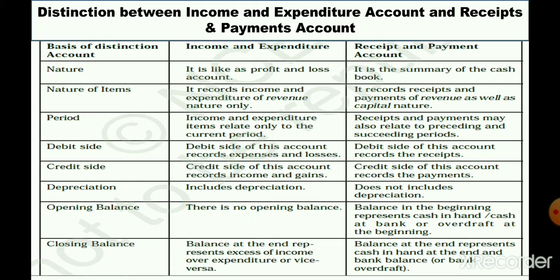And last difference is balance at the end represents excess of income or expenditure or vice versa in income and expenditure account. But on other side, balance at the end represents cash in hand at the end and cash at bank at the end in receipts and payment account. So these are the main differences between income and expenditure account and receipts and payment.